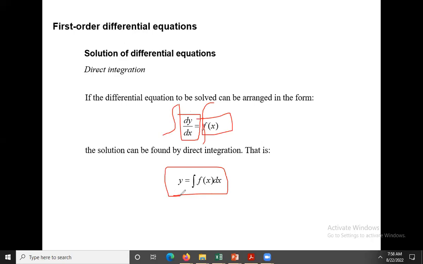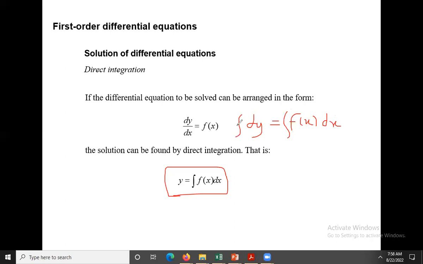Good. Technically, what happens is, let me write this well. By multiplying both sides by dx, this becomes dy equals f of x dx. And then you bring the integral.